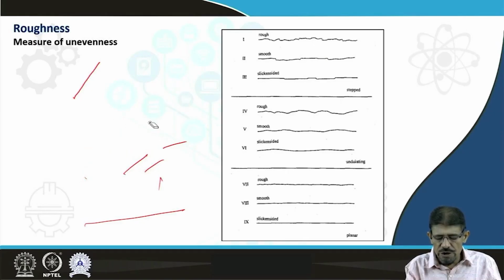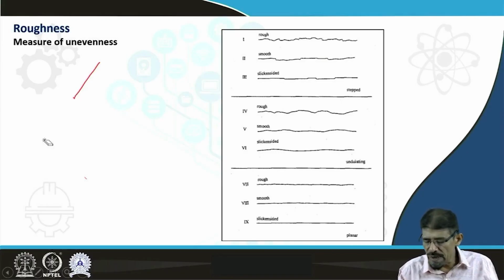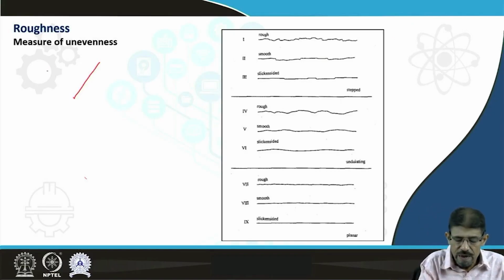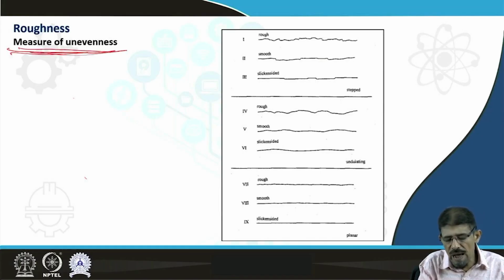So considering all the possible types of joint unevenness or irregularities, we are going to categorize the joint roughness broadly in three categories. The measure of unevenness or irregularity present on the surface of a joint is known as joint roughness.